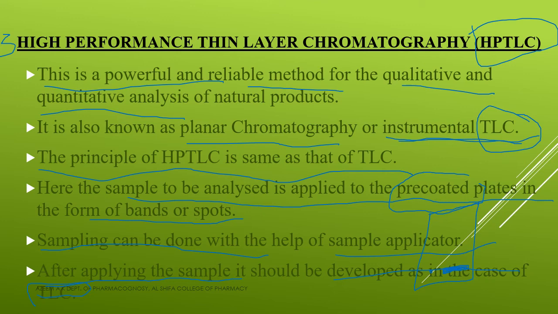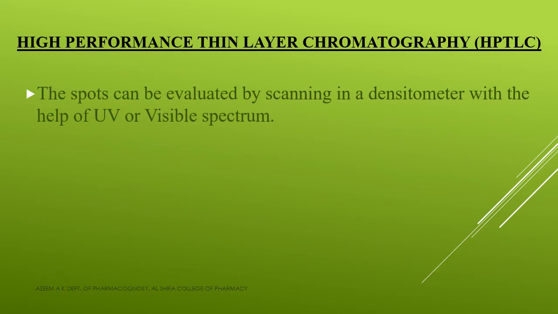Clear? Then the sampling can be done with the help of automatic sampling applicator. Then after applying the sample, it should be developed as in the case of TLC. Just as it is developed in TLC, you can develop it here the same way. Okay, so now after developing, here also you have to visualize the spots. Clear?